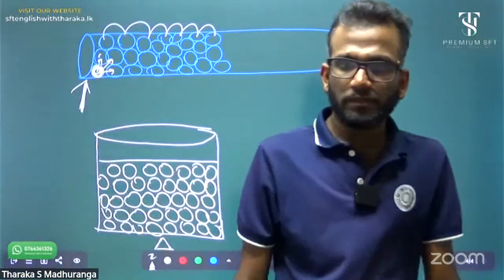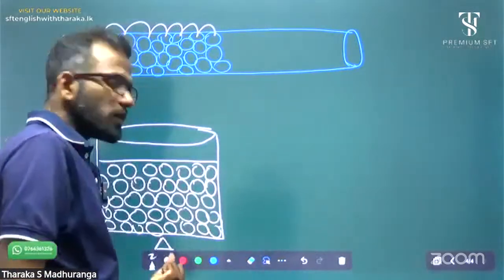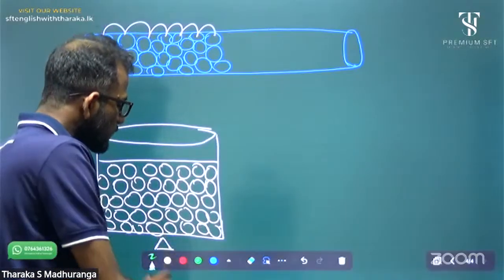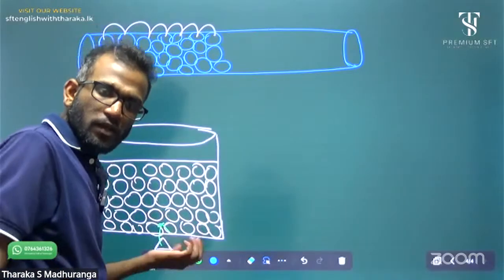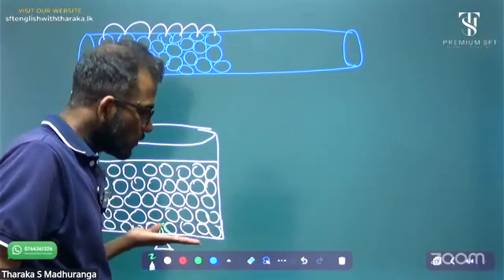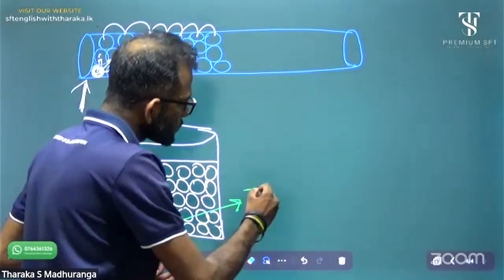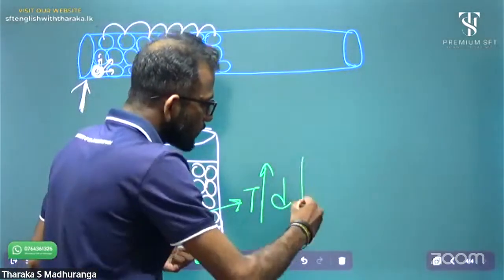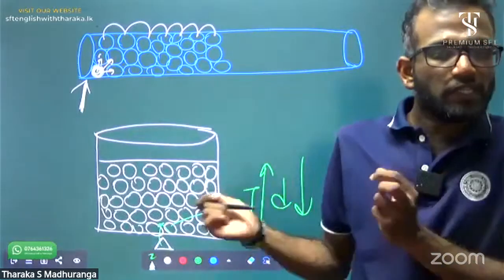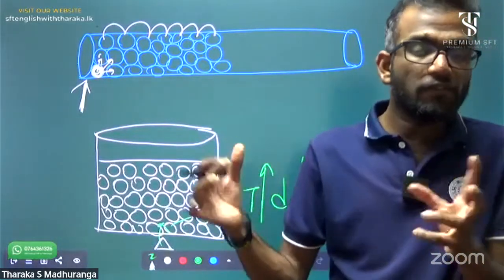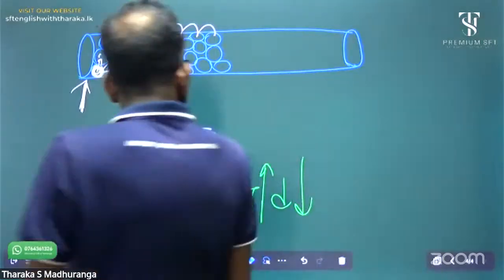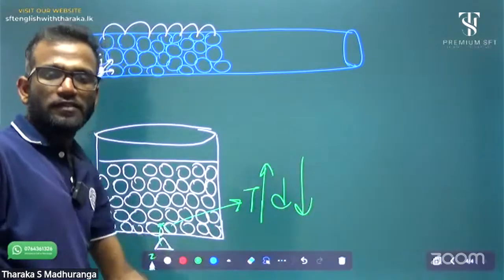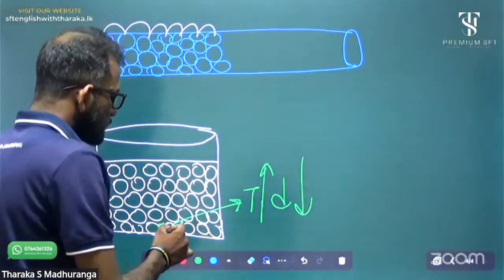Now what happened? When I provide the heat source, this heat energy is absorbed by the lower, bottom molecules, and their temperature increases. Temperature and density always have an inverse relationship, therefore as temperature increases, density decreases.